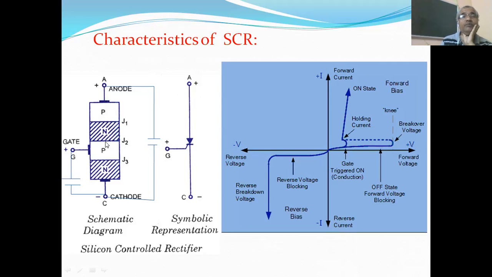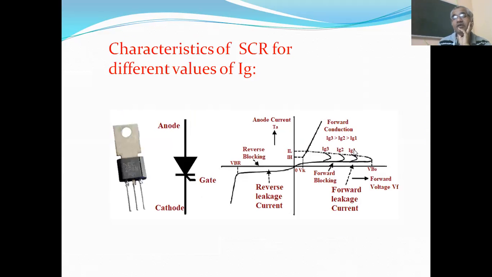So in this graph you see, as gate voltage is applied, the forward breakover voltage is reduced. आपण अजून गेट व्होल्टेज समजा वाढवलं तर अजून फॉरवर्ड ब्रेकओव्हर व्होल्टेज कमी होईल बरोबर.